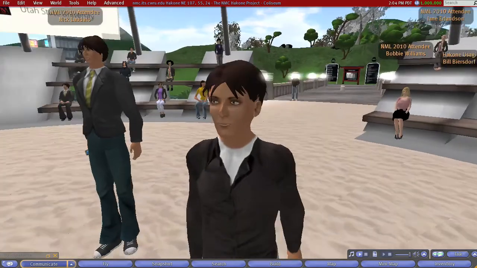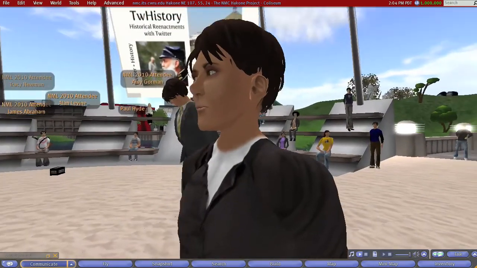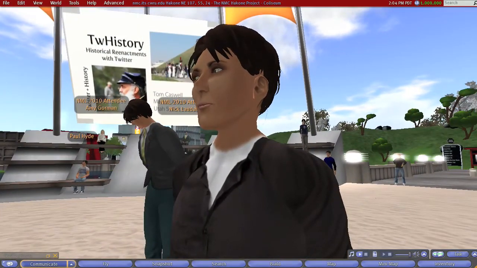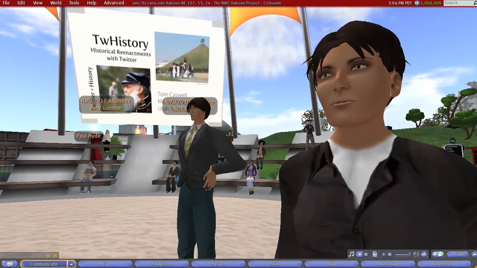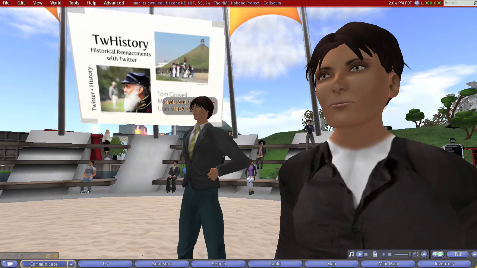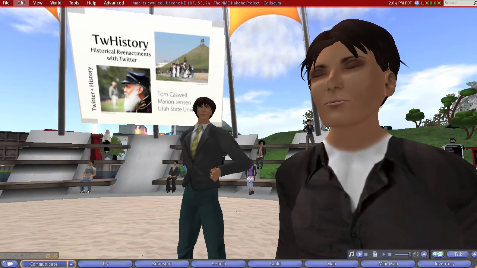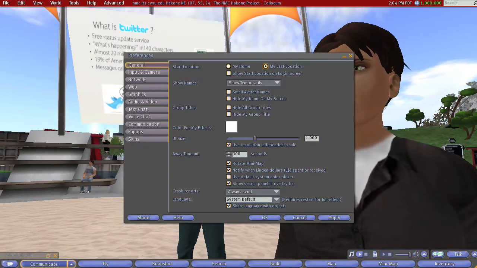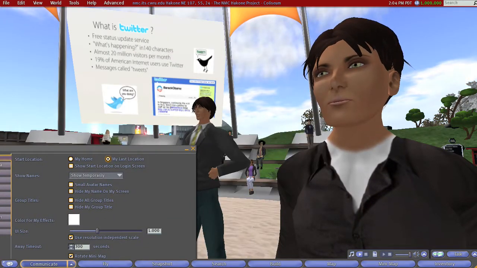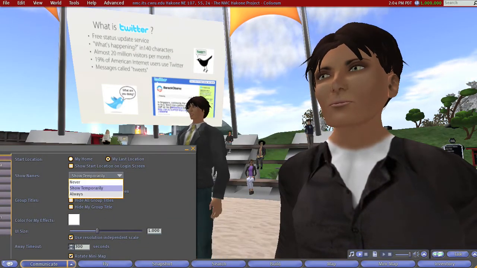And just as we got to know Twitter, we started to think, there's some interesting things that Twitter affords that we could do these virtual reenactments. But before we dive in too deep, we just wanted to briefly all get on the same page with what Twitter is and then how we're using it. So I'm going to turn it over to Tom to talk a little bit about Twitter.